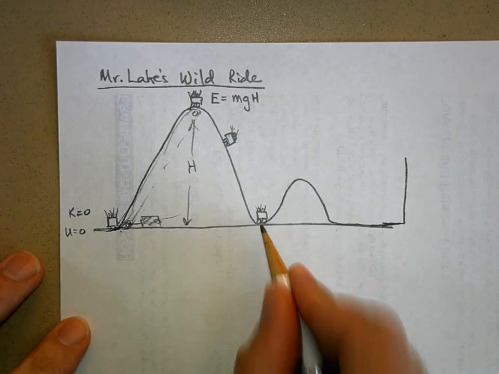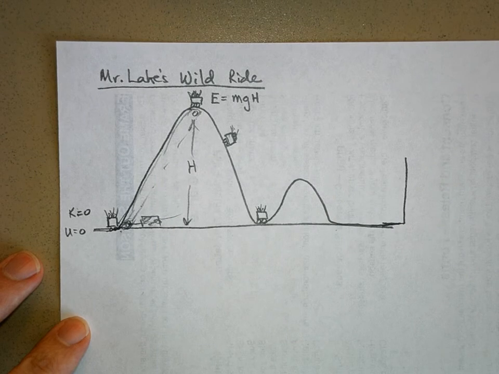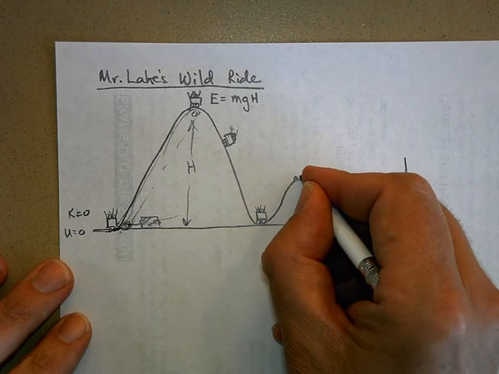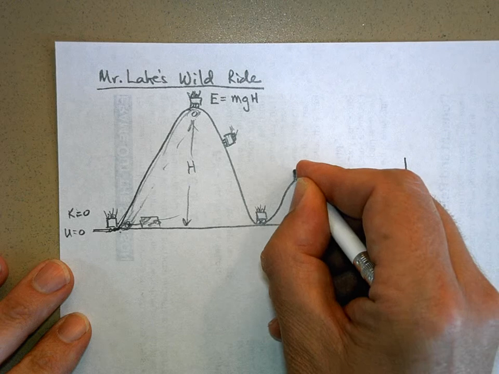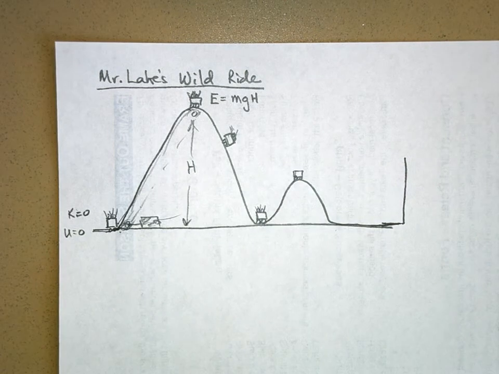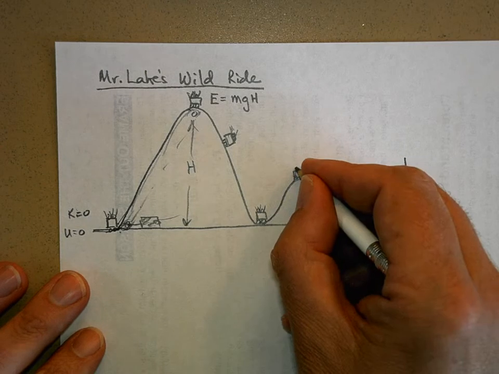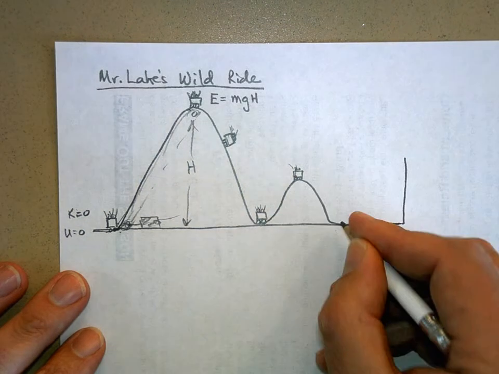Well, their gravitational potential energy is 0, but what kind of energy do they have? Kinetic energy. And then they go up this little hill. Well, when you go up the little hill, you slow down, right? But when you get to the top of that little hill, you still have some speed left. Okay. Then you get down here.